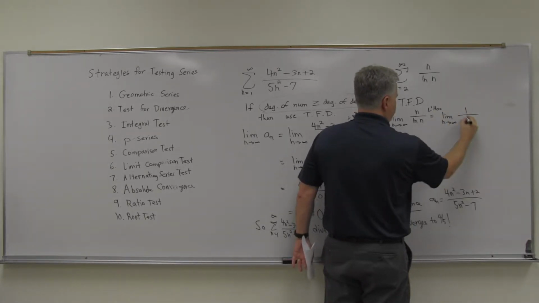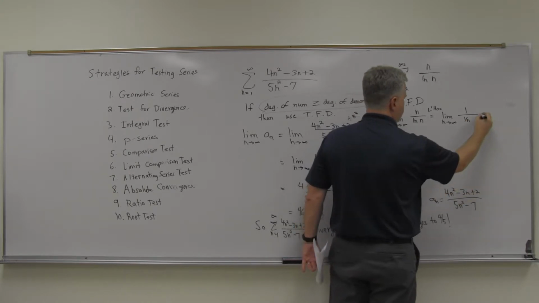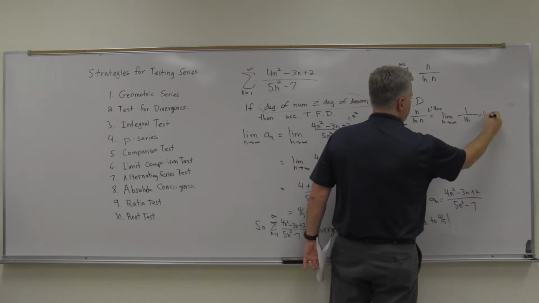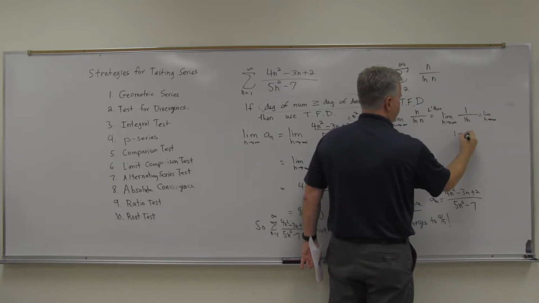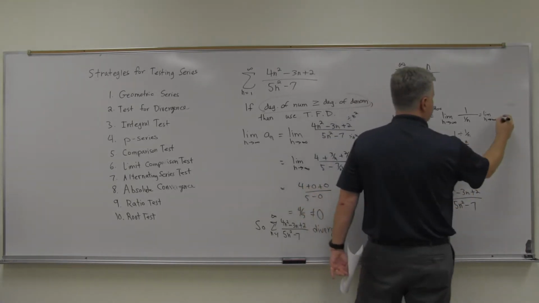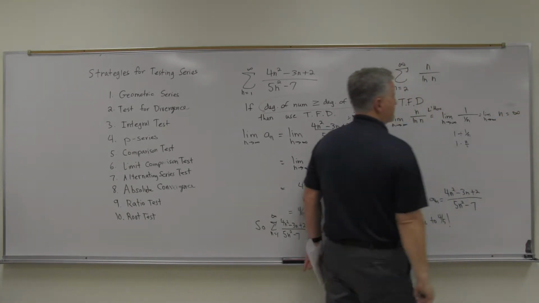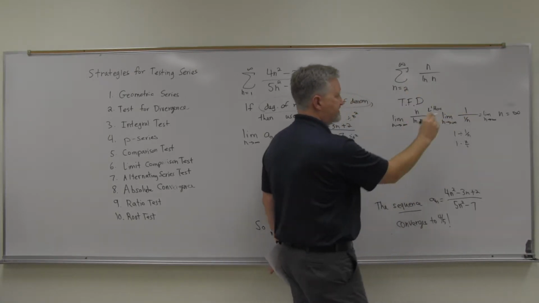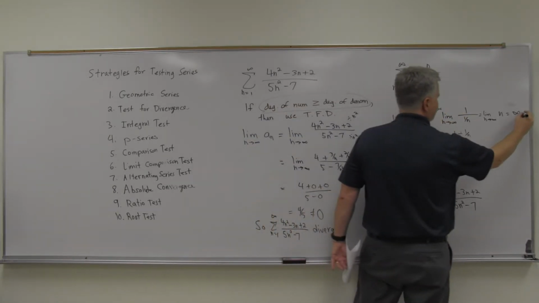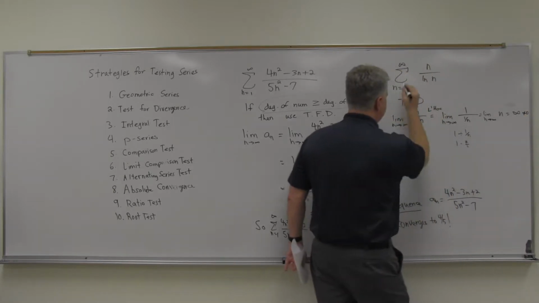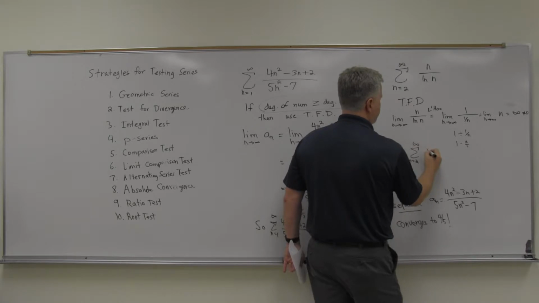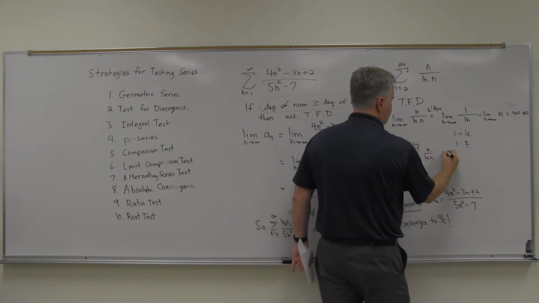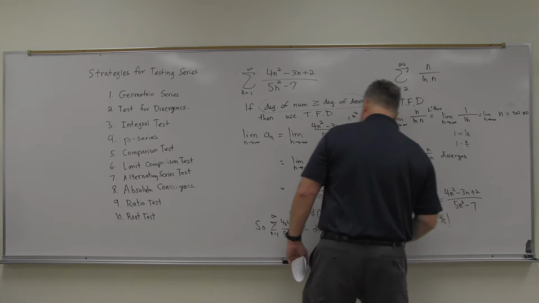The derivative is 1, the derivative is 1 over n, which is 1 divided by 1 over n, which is 1 times n over 1. That's just n. So again, that's not 0. So the test for divergence tells me that series would diverge. Okay. Any questions on that?